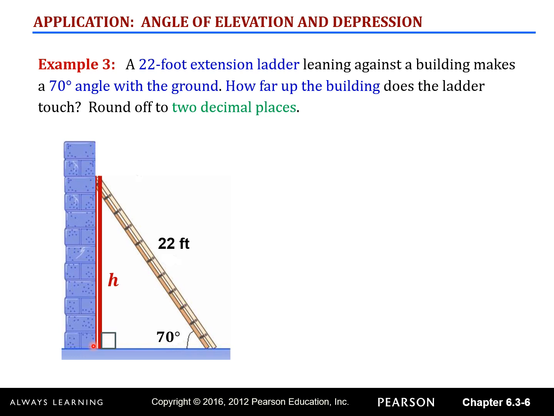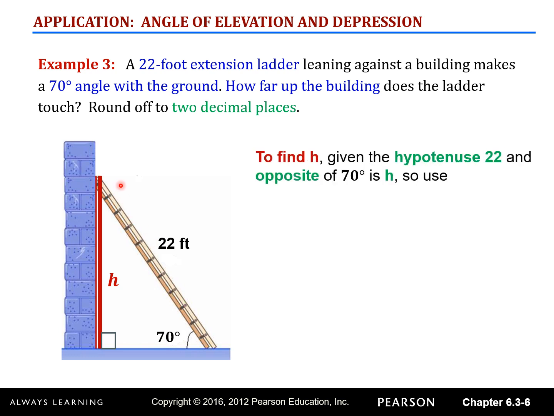So this is h. Now, as we can see here, we have formed a right triangle, and we're looking for the height from the ground to the tip of the ladder that leans against the building. Since h is opposite to the 70 degrees angle, and given the hypotenuse, to find h we can use the function sine 70 degrees, which is opposite over hypotenuse.